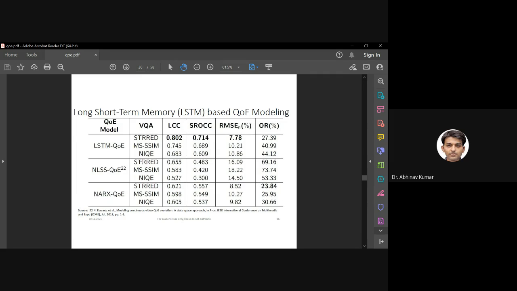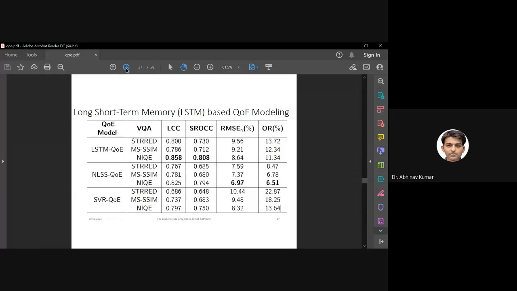But in terms of the LCC, SROCC, or RMSE, for example, the root mean square error here is the least, 7.78% for LSTM QoE with STRRED as the VQA metric. So we are able to show that at least for the majority of the performance metrics, our model is better, and it is in some sense a competitive model, at least, compared to the state of the art at that point of time.